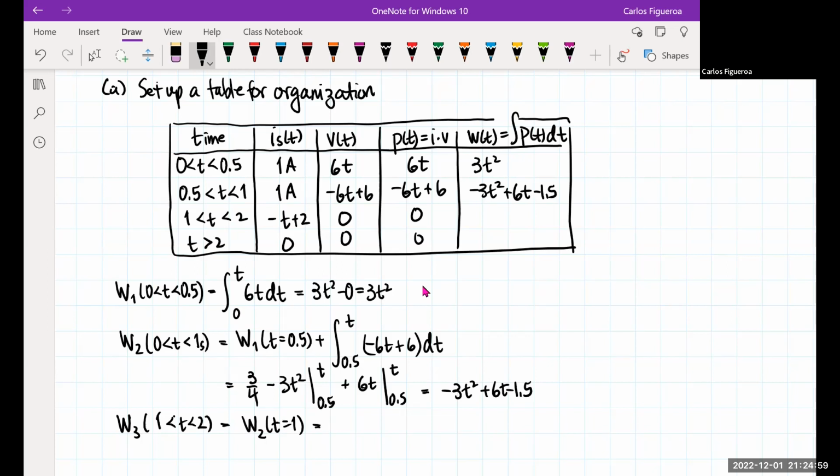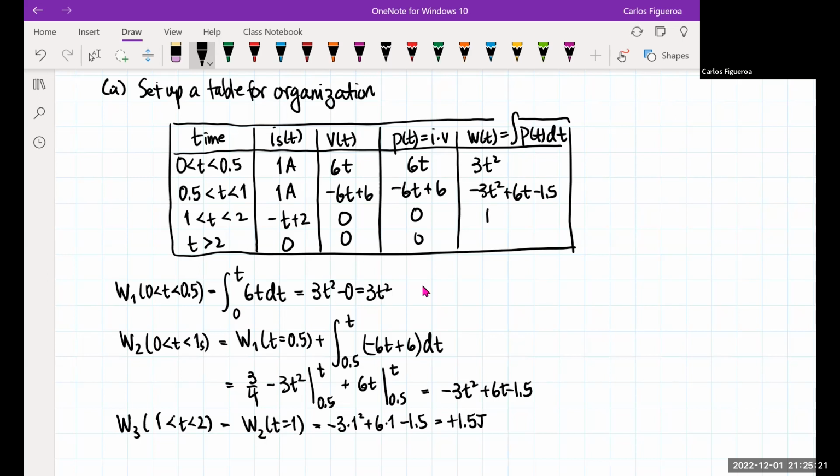So if you compute that number, you could see here that you're going to get a value of minus 3 times 1 squared plus 6 times 1 minus 1.5, and that gives me plus 1.5 joules.